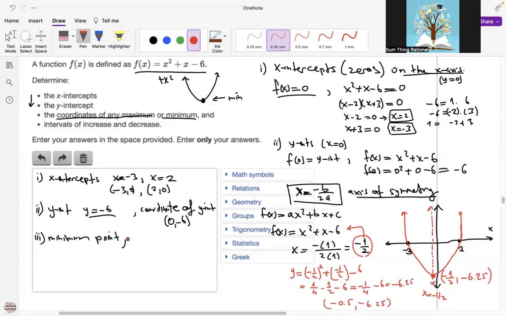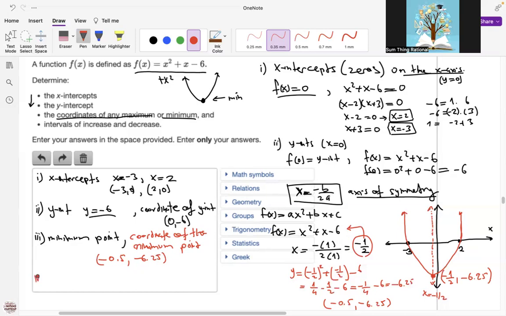That will be the coordinate of the minimum point, which is (−0.5, −6.25). Definitely, if this is a calculator question, with a calculator we can do it easily.